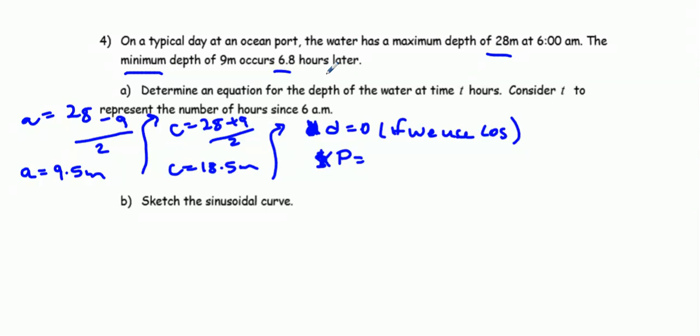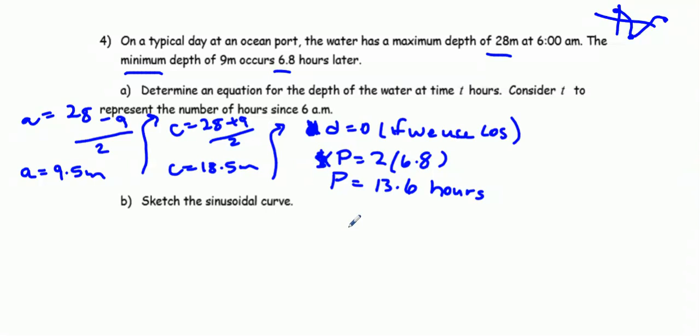And that only represents, if you look at the graph of cosine, half the period, right? This is one full period. To go from max to min is 1/2 of the period. So the period is going to be 2 times 6.8. So the period is 13.6. What is this? Well, it's the x-axis, the units, and so we know that's hours.